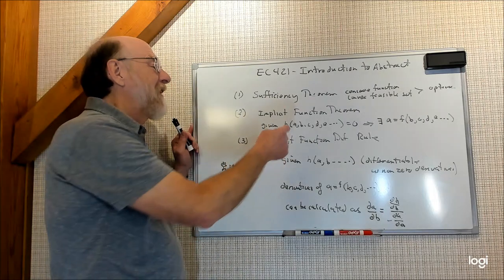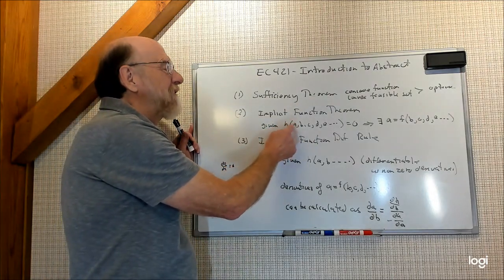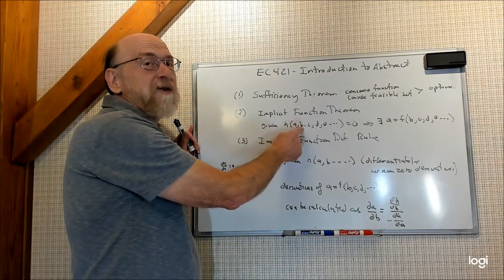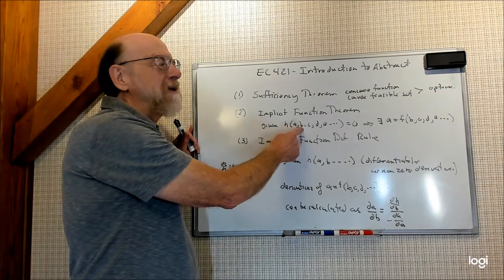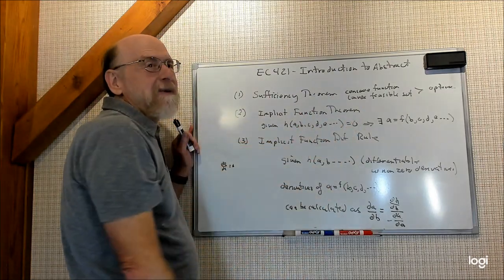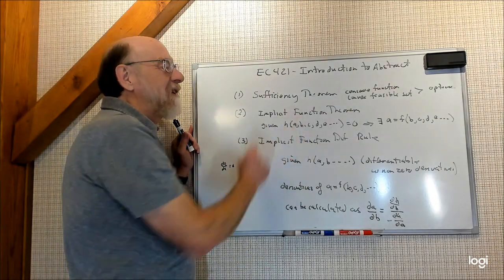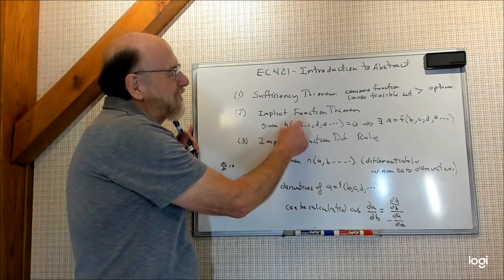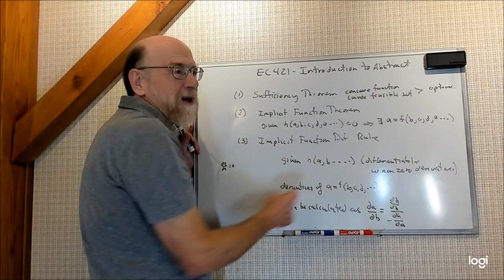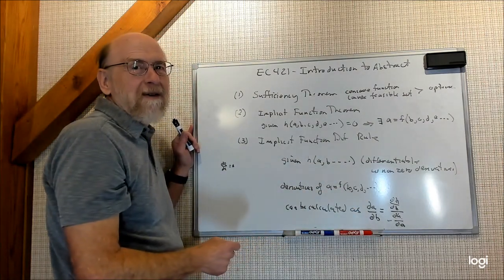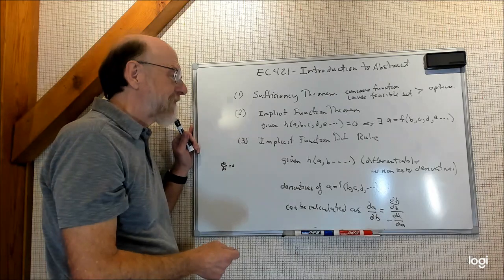If you only want to allow a couple of these variables to change, which is normally what you do when you take a partial derivative, then all the other terms have to be zero. They're not changing, so those changes don't matter. You can focus in on those two, and when you solve the algebra, you wind up with this expression for what the partial derivative of a with respect to b looks like.